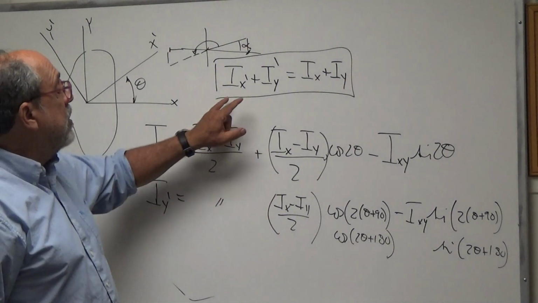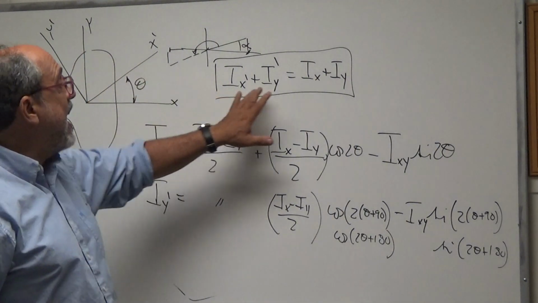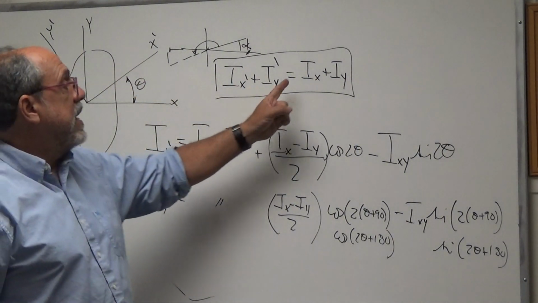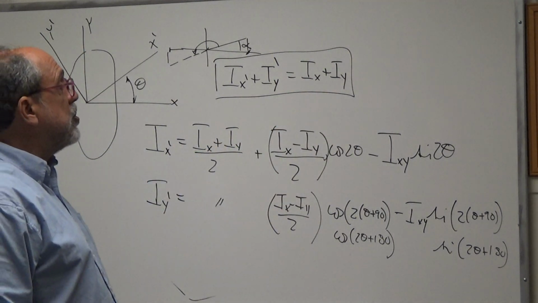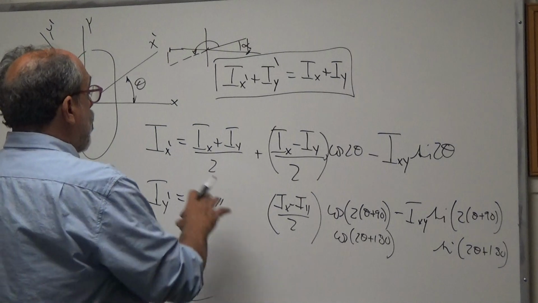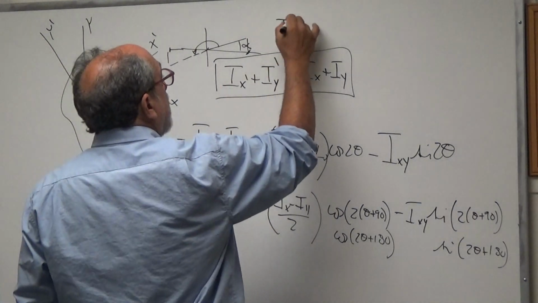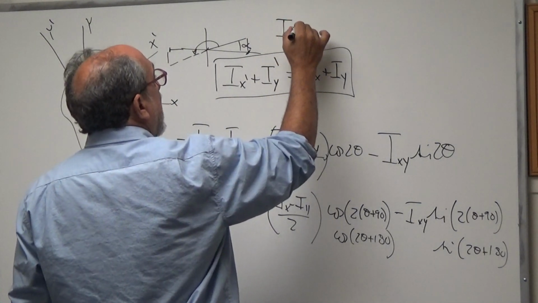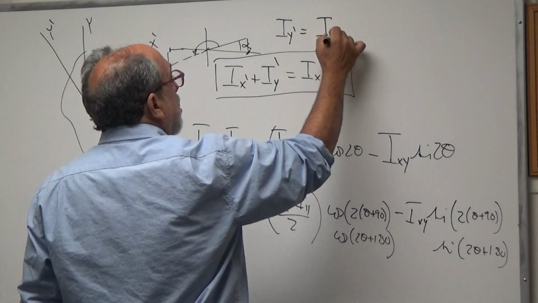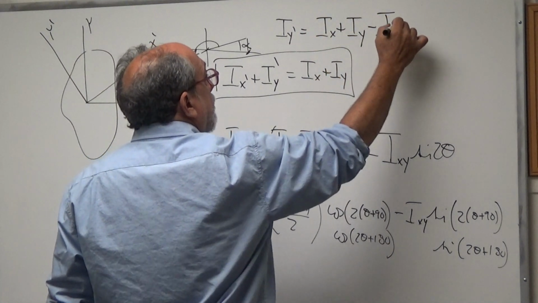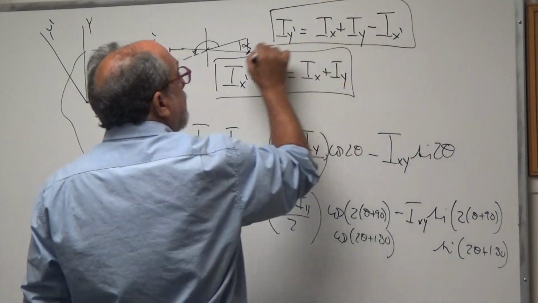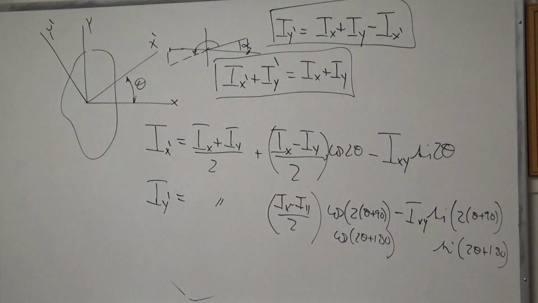It tells you that the sum of the moments of inertia in the rotated axes at any angle is the same as the moments of inertia before you rotate them. So rotation doesn't change the sum. Therefore, once you calculate Ix prime, it's easier to calculate Iy prime simply by using this relationship, right? Okay?